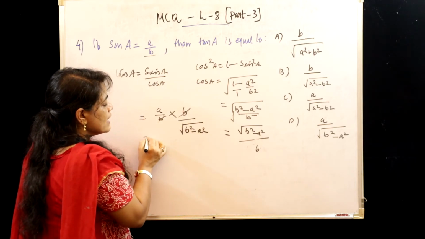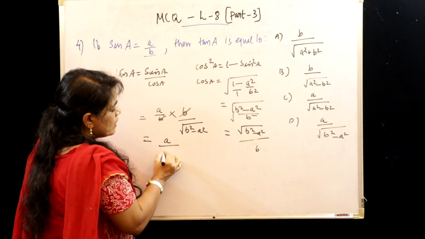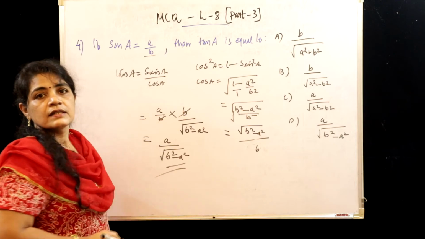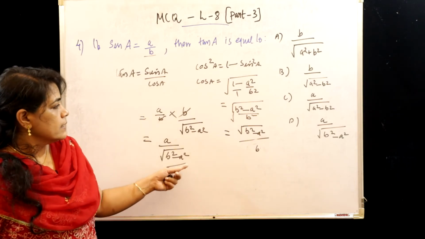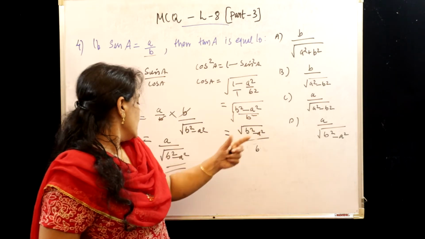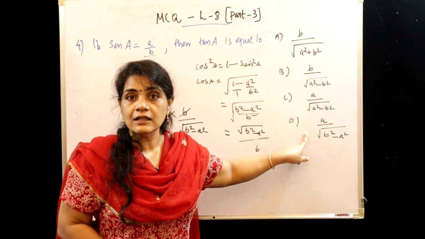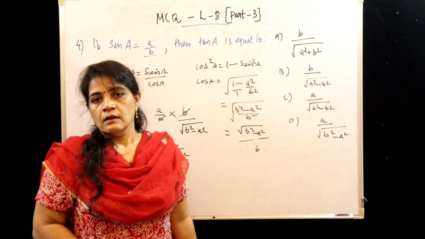B gets cancelled. So A divided by root of B square minus A square. This is tan A, and the option is D, the last option.